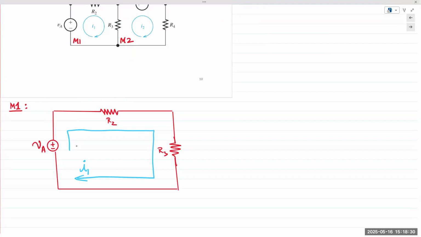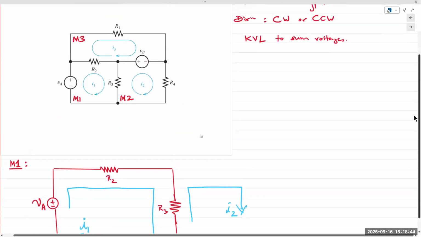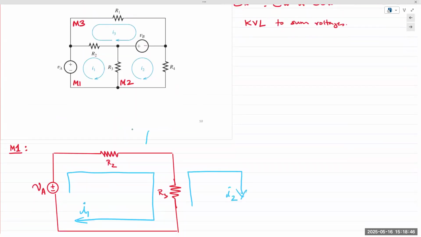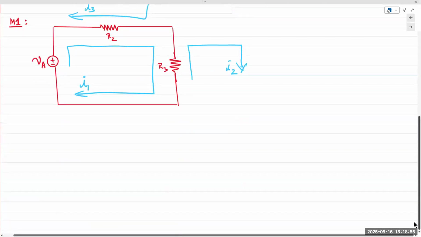Also, this is a shared branch. So we have I2 flowing in this direction, and we also have I3 flowing in that direction. Okay.